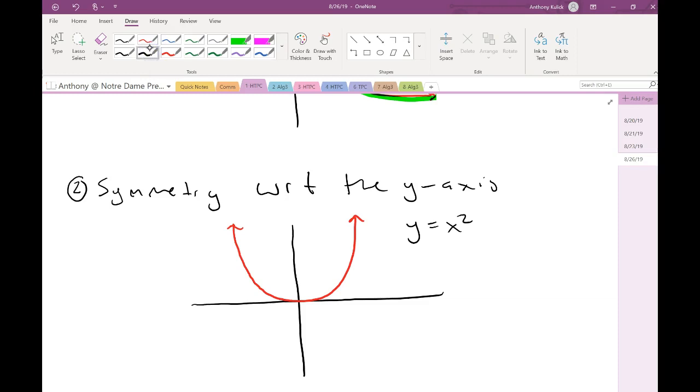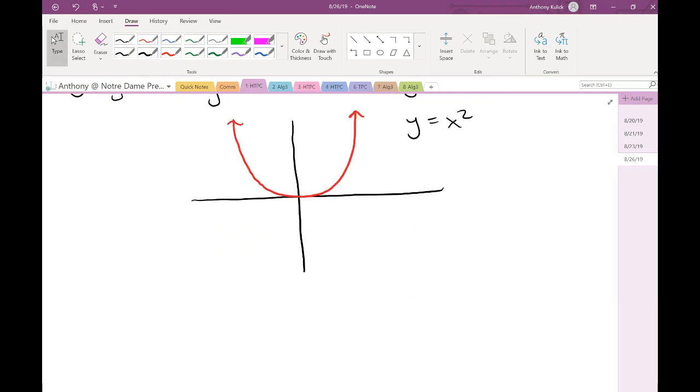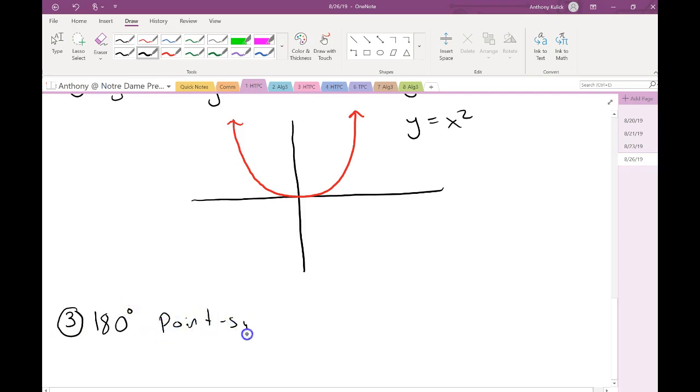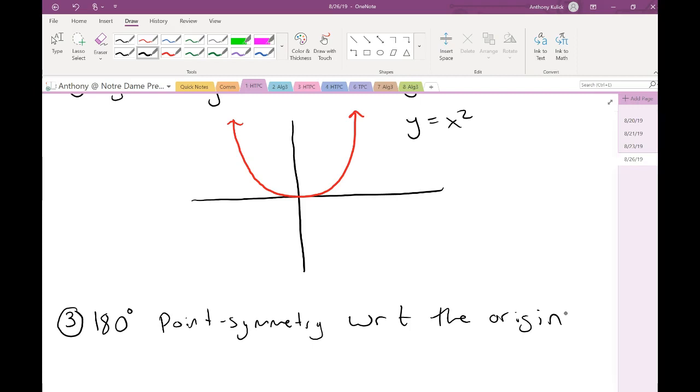The third type of symmetry is 180-degree point symmetry with respect to the origin.